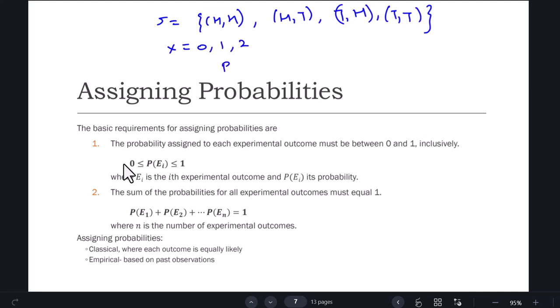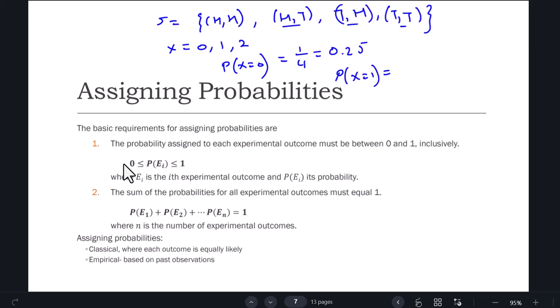So let's look at the probability that our x is 0. That means we do not get any head. So not getting a head would be only this. So we have both tail and tail. So there's only one such outcome out of the possible 4. So our probability is 0.25. If our outcome of interest is x equals 1, then we have this case where we get the first head, the second is a tail, or this case when we get the first tail and then the second coin lands on a head.